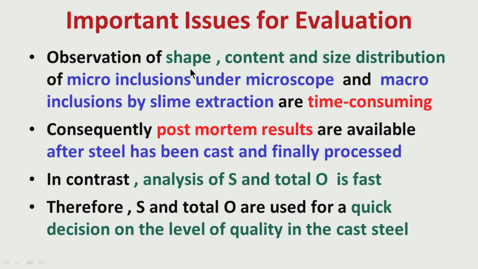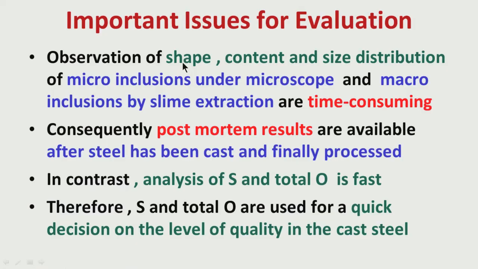In liquid steel, these are spherical, of course, but when you are deforming the steel, that means using a rolled steel or a forged steel, we will get inclusions of different shapes. Even in liquid steel, all inclusions are not of spherical shape. Certain inclusions might have a triangular shape, trapezoidal shape, and so on and so forth.